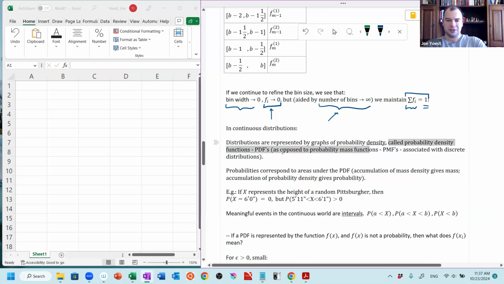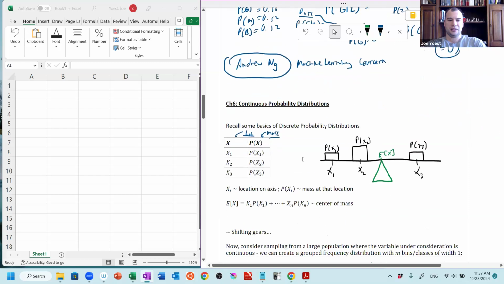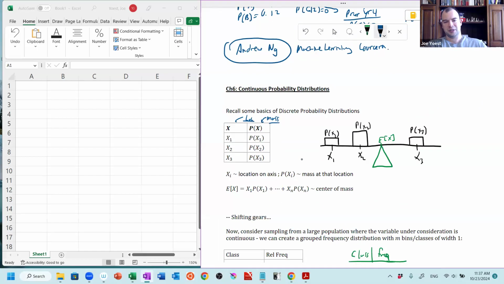We call these graphs or functions probability density functions, PDFs. And that's as opposed to probability mass functions, PMFs, that we associate with discrete distributions. We never really called this a PMF, but that's really what this is. This is a probability mass function. It has a list of inputs and associated outputs. It's a probability mass function because the probabilities that we're listing correspond to masses.